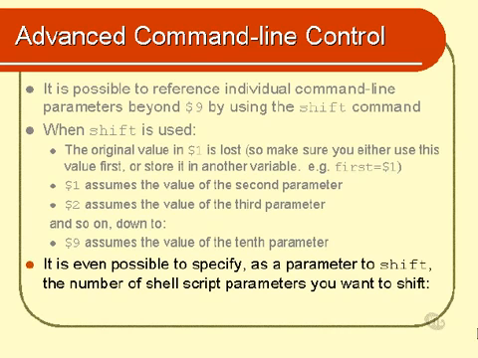I know that sounds awfully confusing, but let's have a look at what that might be. Shift 4. If you don't specify a number to the word shift, then it shifts 1. But you can actually get it to shift 4 at a time if you want. So $1 will be the old $5, and $2 will be the old $6, and so on. And $9, I guess, will be the old $13, if there was one. So that's just a handy little thing to keep in mind.